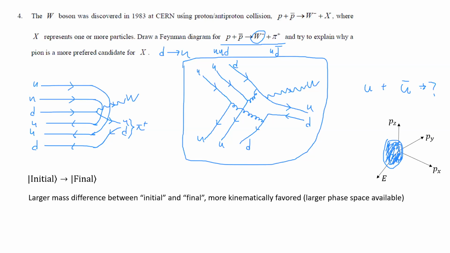And in opposite, if the mass difference is small, then the final particles have little freedom to choose their energy and momentum. So they can only have a smaller choice for the energy. And so that's why a larger mass difference will mean more kinematic favor.